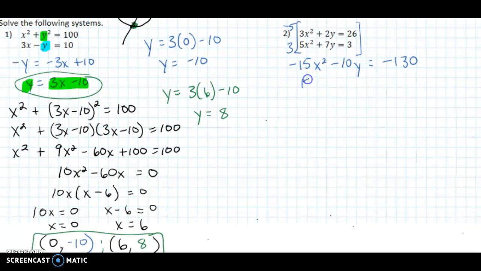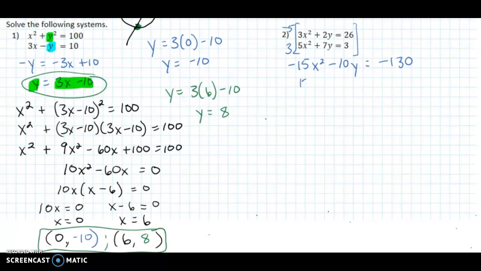And then on the second equation, we get 15x squared and then minus 21y, which is equal to 9. And then when I add those together, did I miss it?